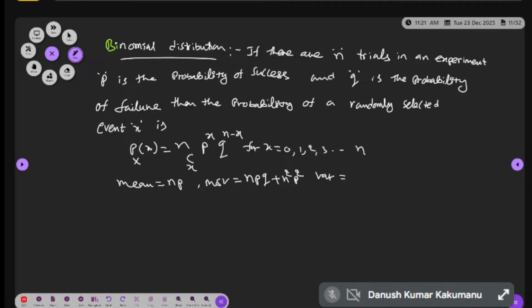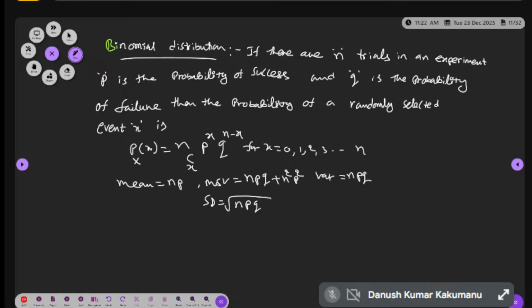Yes or no? Variance is npq. Then what is the standard deviation? Root npq. You are understanding? Mean is np, mean squared value is npq plus n squared p squared. Variance is npq, standard deviation is root npq.